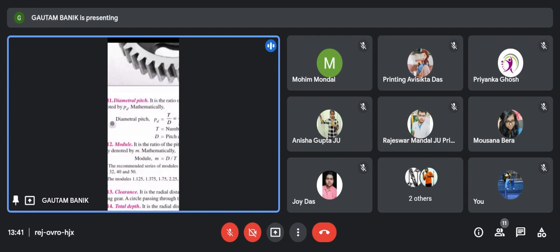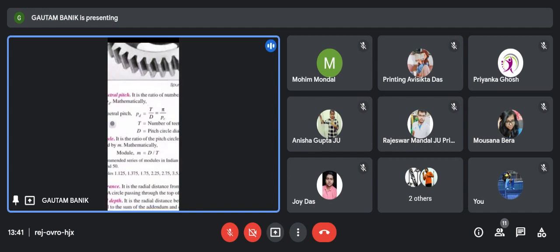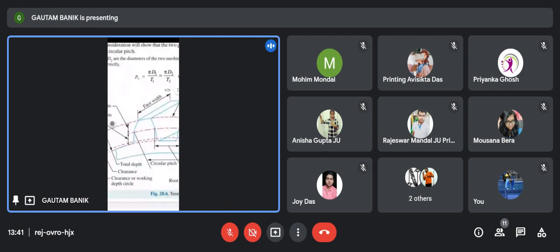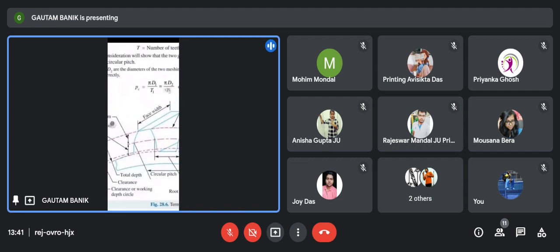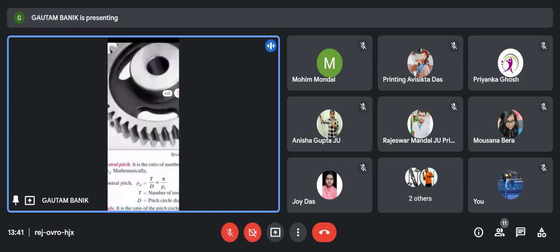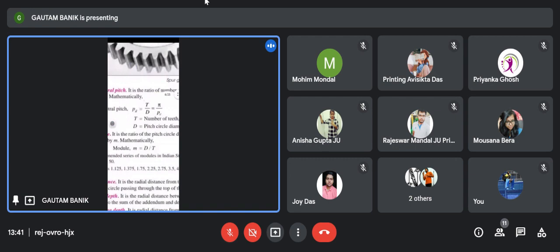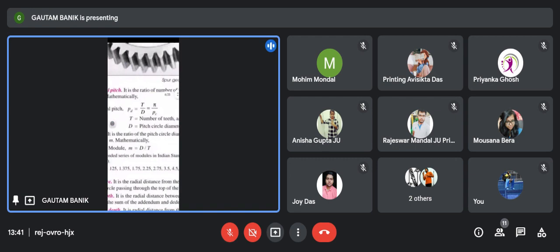The diametral pitch PD is equal to T by D. So the ratio T by D, together with pi, is related to the pitch. Putting this value, PD into PC, the product of the diametral pitch and the circular pitch, is pi. The two product is pi. So it is called the diametral pitch.